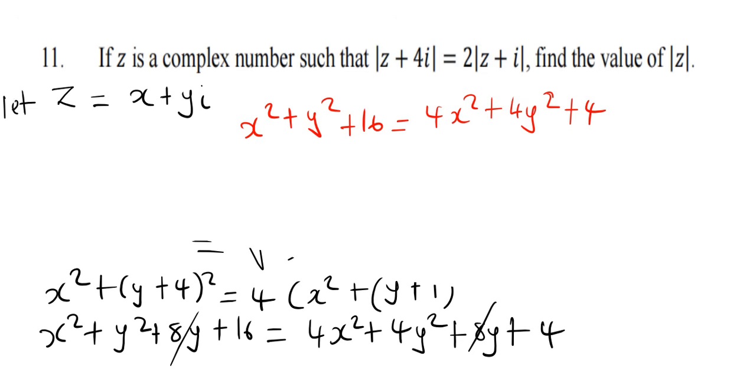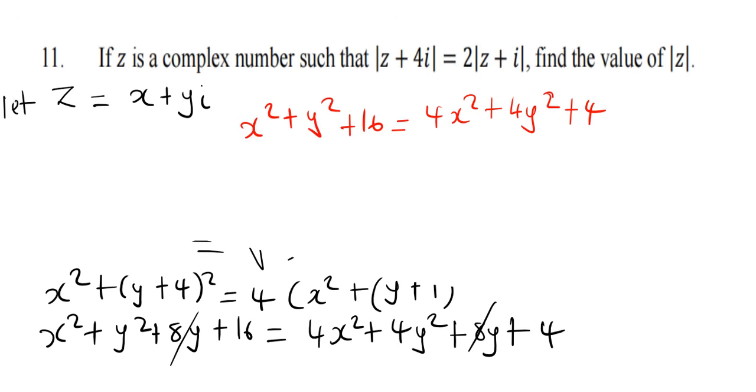What can we do? We've got xy 16. Let's say we take the 4 to the other side, what are we going to have? We take this 4 to the other side, we're going to have 16 minus 4.